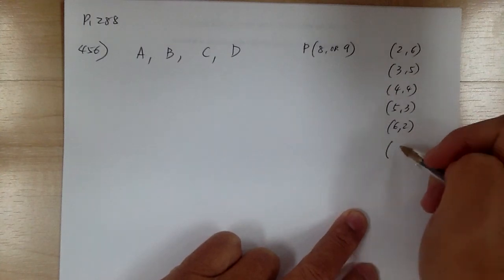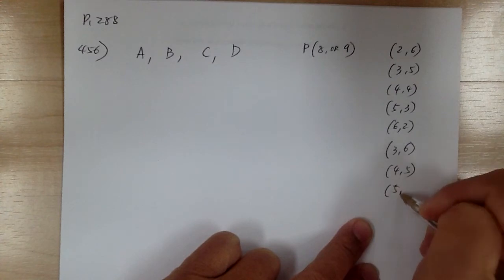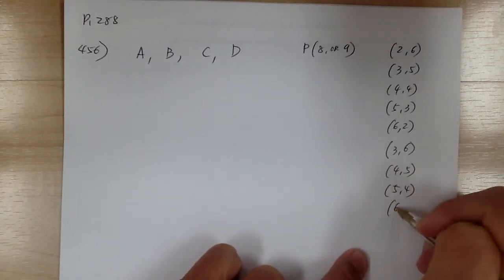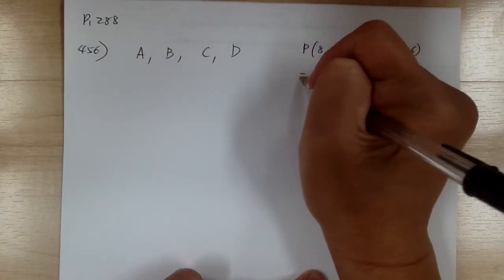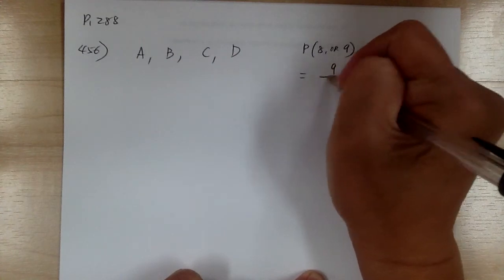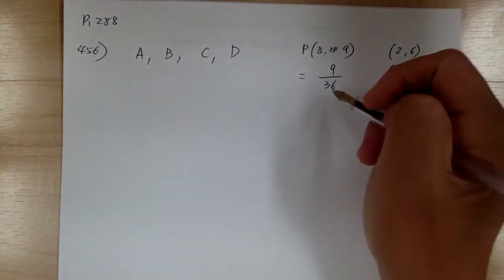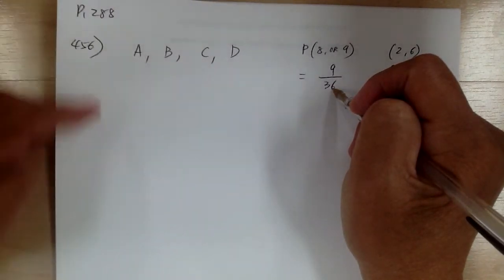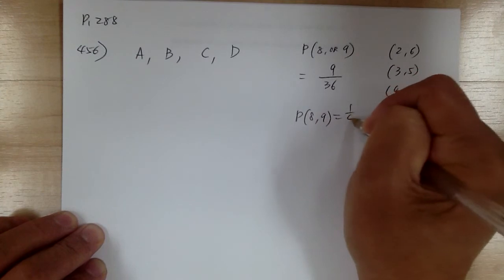And the 9 would be 3, 6, 4, 5, 5, 4, and 6, 3. So the probability of getting an 8 or 9 is 1, 2, 3, 4, 5, 6, 7, 8, 9, so 9 out of 36. Okay? Because when you're rolling the dice, the sample space is 6 times 6, right? So the probability of 8 or 9 is equal to 1 over 4.